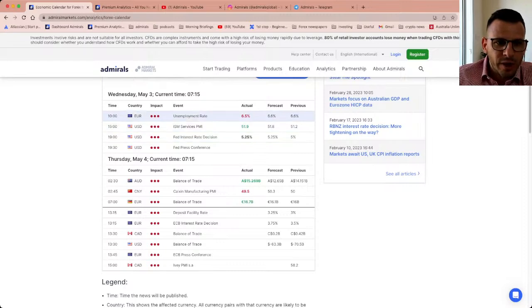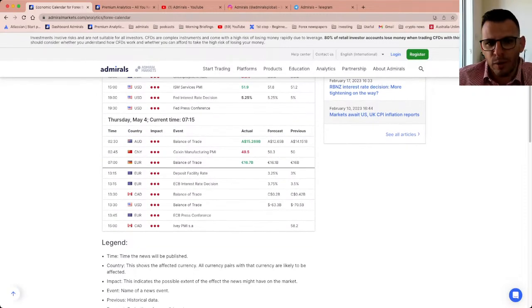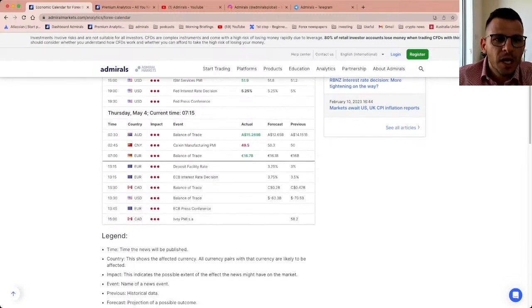Also, the unemployment rate in the Eurozone yesterday came to 6.5%, just 0.1% less than the forecast. On the press conference, though, the Fed stated that they will try not to increase rates for a while. In other words, they would try to pause rates for some time.